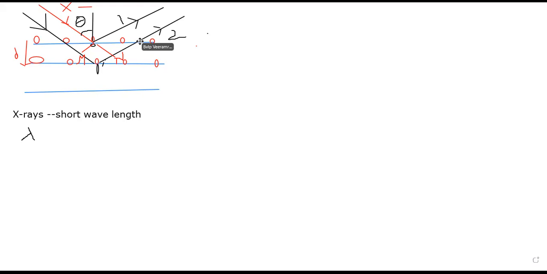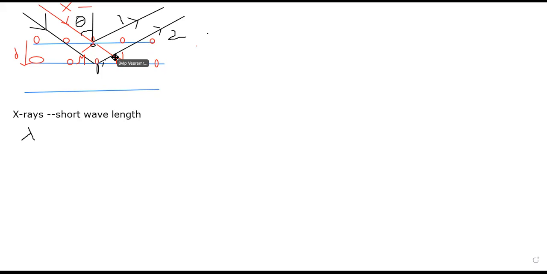I repeat once again, we have to calculate the path difference between two scattered X-rays. For that, I have drawn a normal OM, and another normal from point O onto the second scattered ray, ON.